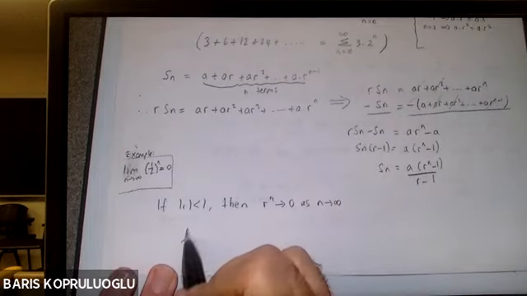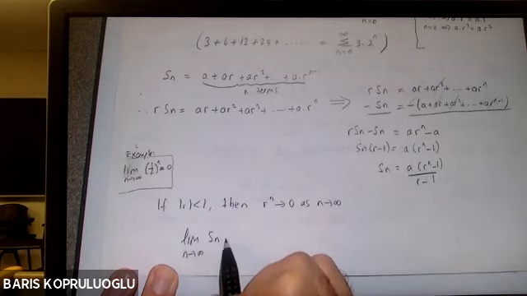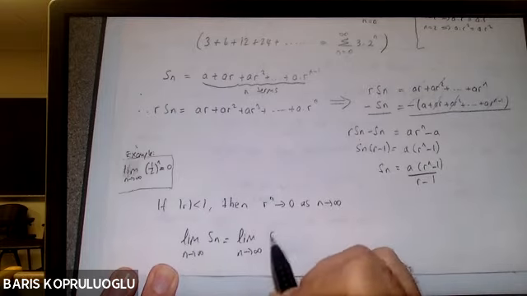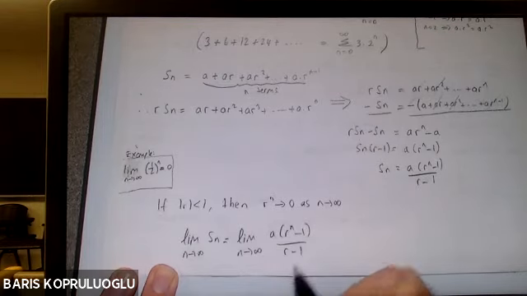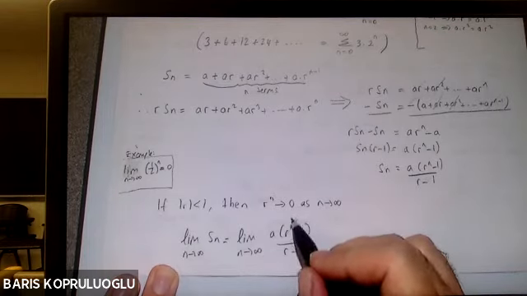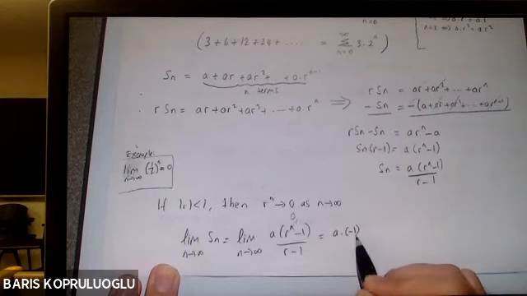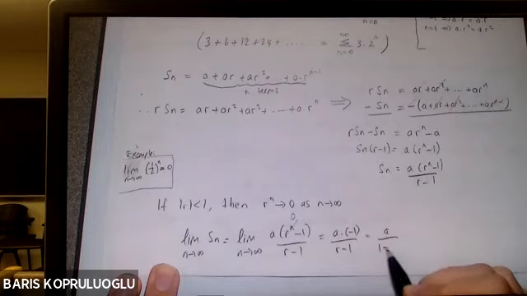So let's take the limit of Sn, which is a times r to the power of n minus 1 over r minus 1. As we said, r to the power of n is going to go to 0. We'll have a times -1 over r minus 1, in other words, a over 1 minus r.